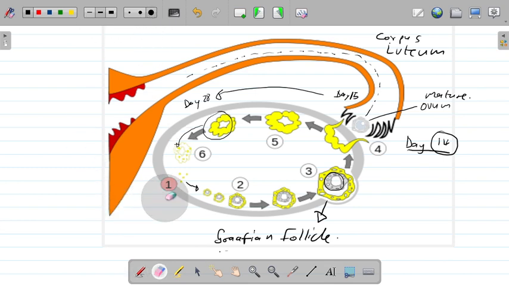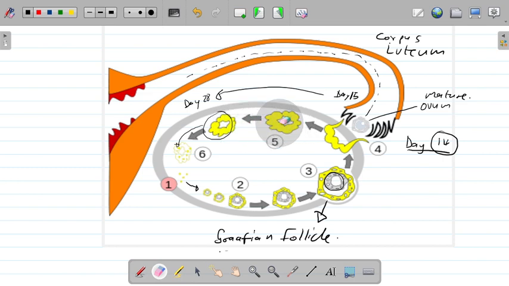With me. So we start off with follicles that are created from the germinal epithelial cells. One will be stimulated to grow and enlarge until day 14 when it releases the mature ovum. And then after it ruptures, it is no longer known as the Graafian follicle. It is now the corpus luteum.